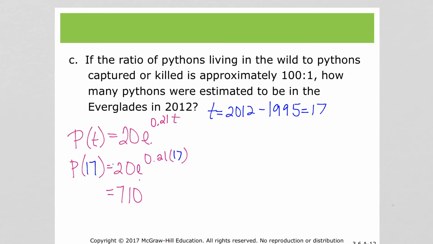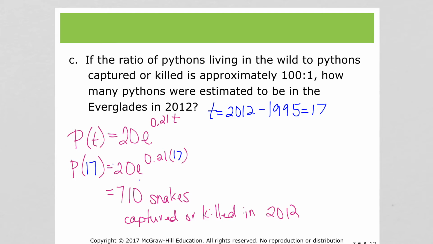So there were 710 snakes, pythons, captured or killed in 2012. What does that mean about how many snakes there really were in 2012?